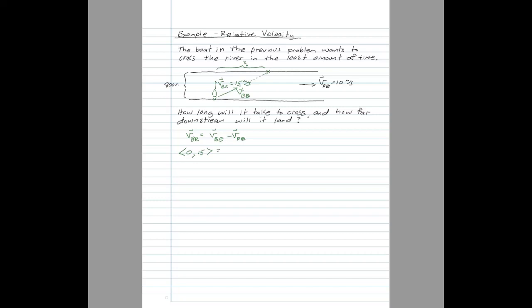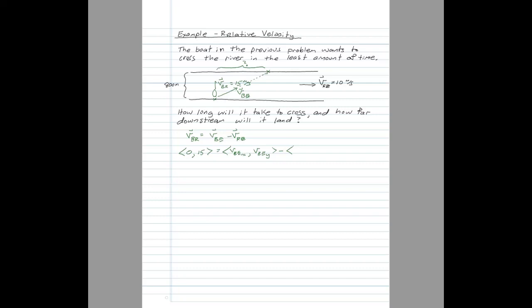And now the velocity of the boat that's angling across, we don't really have any information about that yet, so I'll list it as two components. The velocity of the boat relative to the Earth, x, velocity of the boat relative to the Earth, y. And then that's minus the velocity of the river with respect to the Earth.